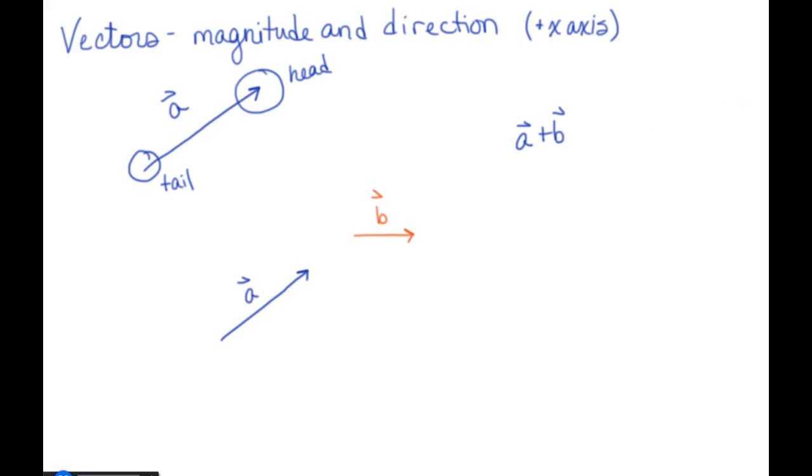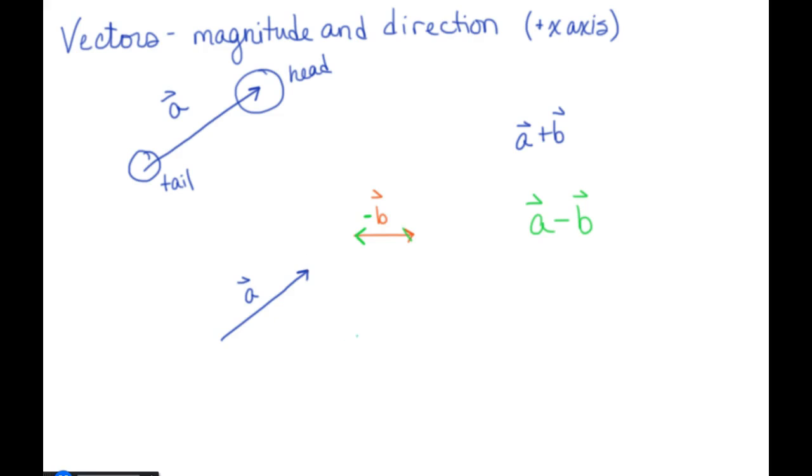In order to subtract vector B, I have to make it negative B. I have to flip it 180. The easiest way to do that is to literally change where the head is and put a negative sign there. At that point, we would then add vector negative B to vector A to get A minus B.